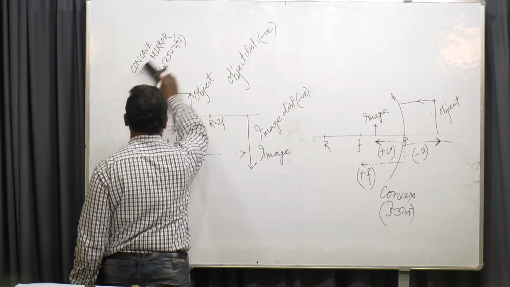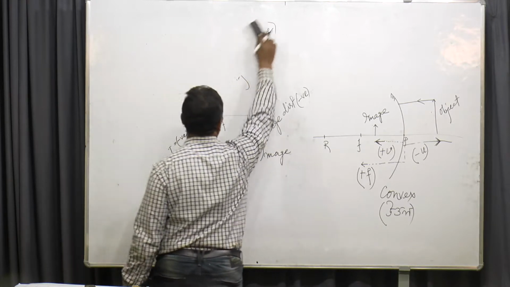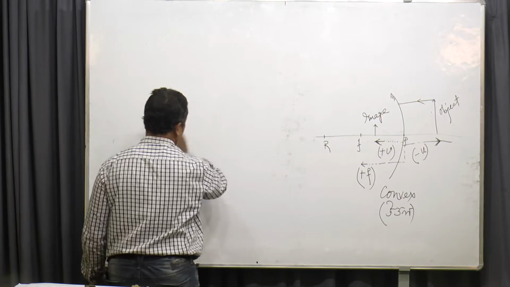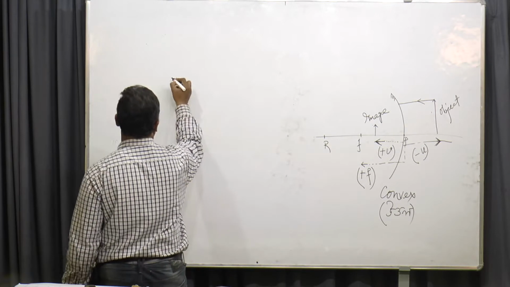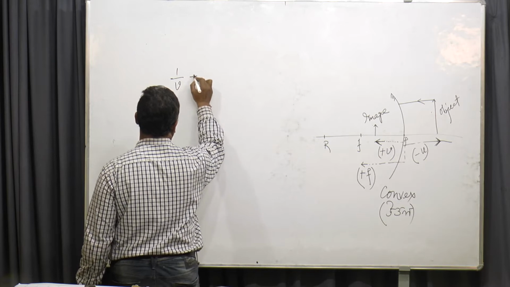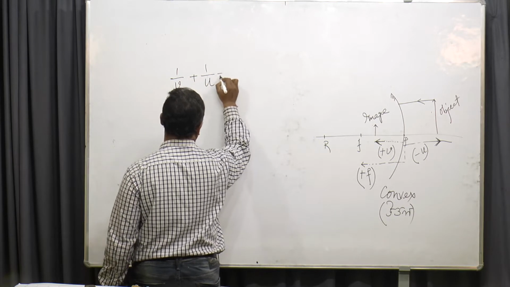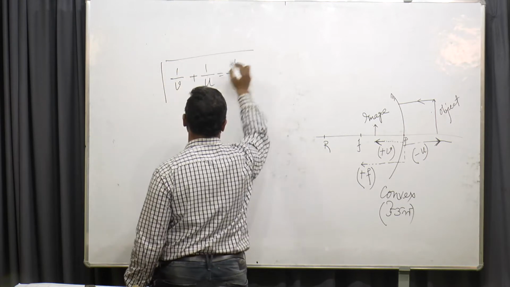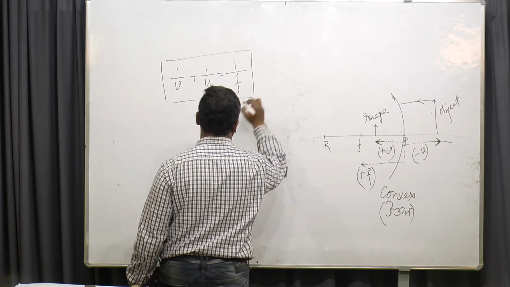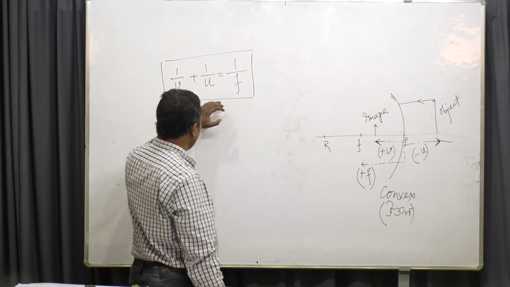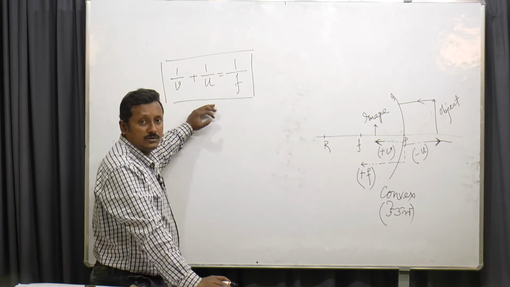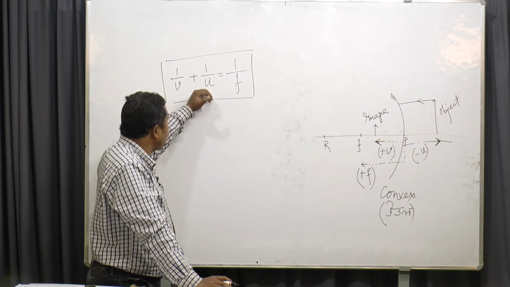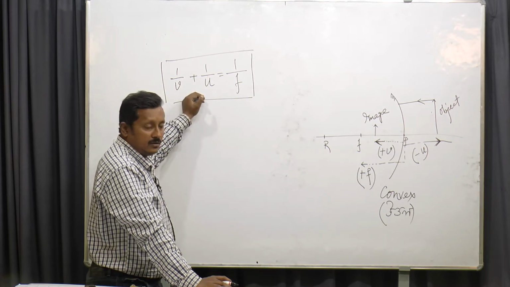So now I go to the mirror formula, the standard formula that we have, and you have already done it in the class 10th syllabus. That is 1 by v plus 1 by u equals 1 by f. This is the basic formula. Now remember one thing, when you go for numerical solutions you have to use this formula, and again use the sign convention here.